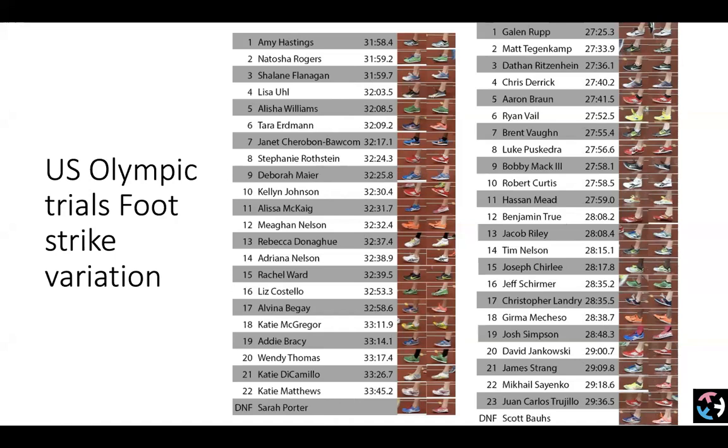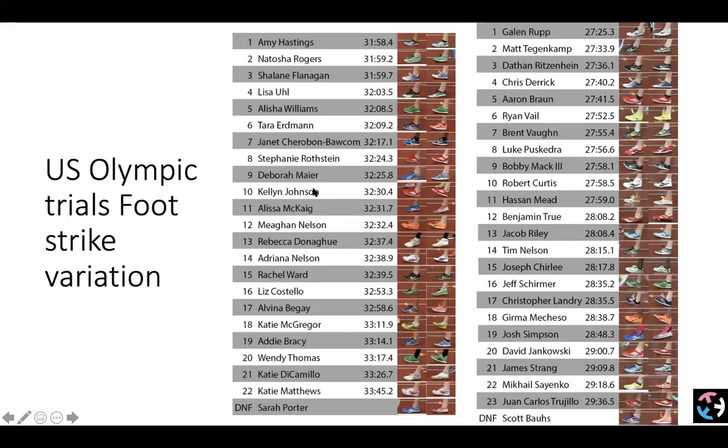As you can see, there are many different ways, right from Galen Rupp at the top, where he lands slightly on the outside of his foot, toe first. Then we look down to Jacob Riley here, who's still running very fast. He has a little bit of a heel strike. And then Christopher Landry here, also a pretty significant heel strike, but he's running pretty quick.